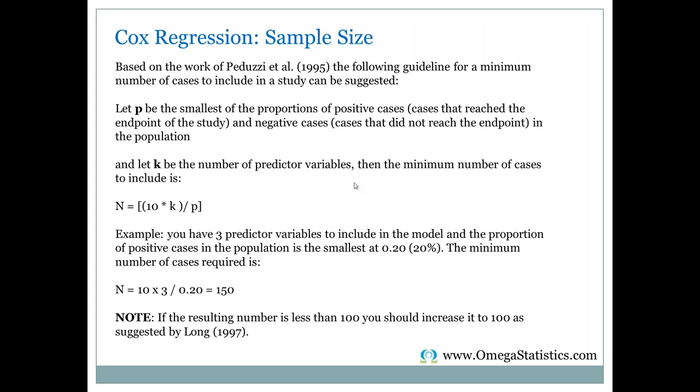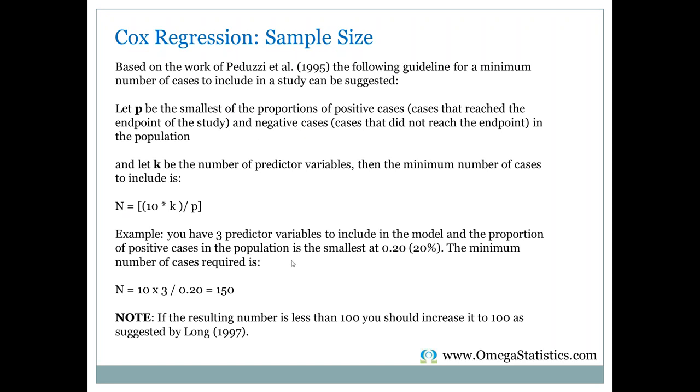Then we let K be the number of predictor variables. In the case of what we had, about 1, 2, 3, 4 or so, you would take that, and then you just do this. Your sample size is going to be 10 times the number of predictor variables or covariates divided by that proportion, the smallest proportion of one or the other. So here's an example.